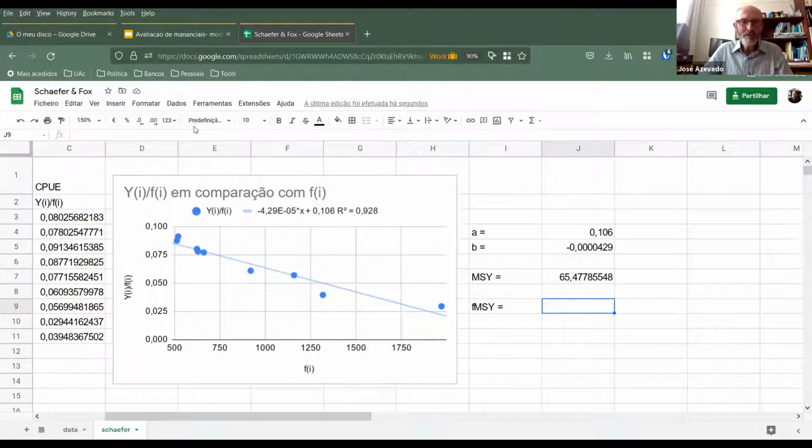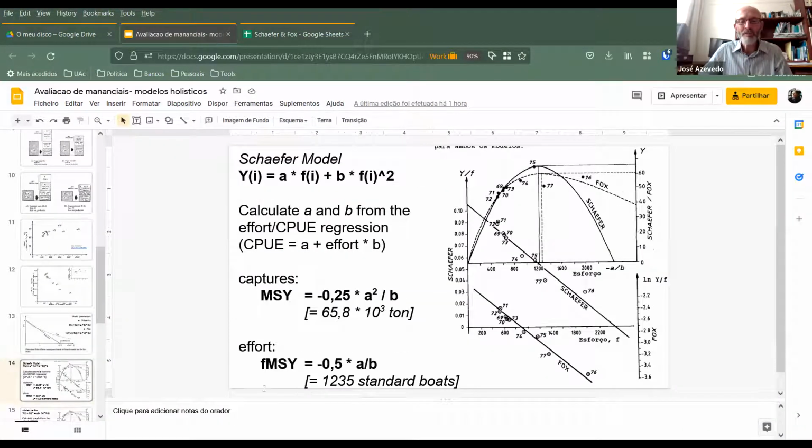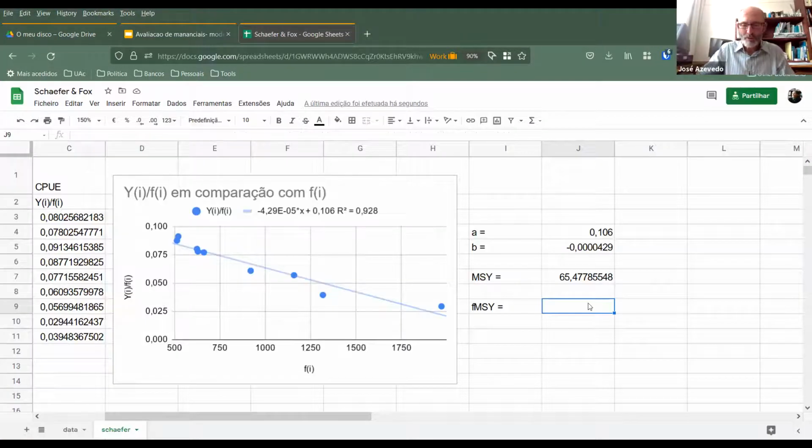How many standard boats need to be operating to get this? You can calculate this using this other formula, which is minus 0.5 multiplied by A divided by B. So 0.5 times A underscore divided by B underscore, and that's minus 0.5, of course.